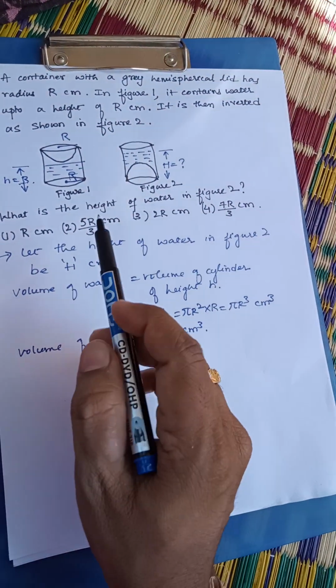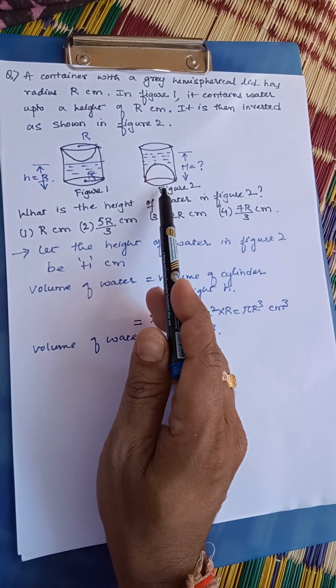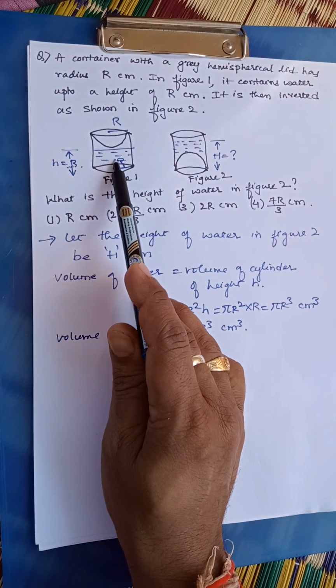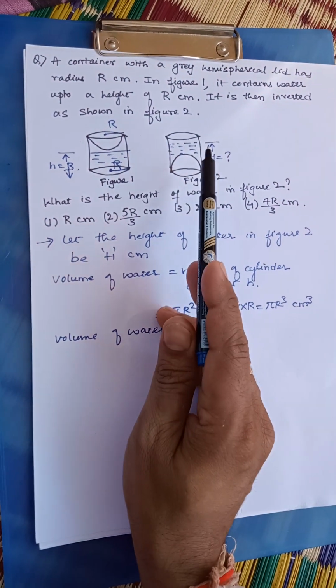Now the volume of water remains same in the container in figure 2 as well, because the same container is inverted. Whatever water was present in figure 1, the same amount of water will be present.